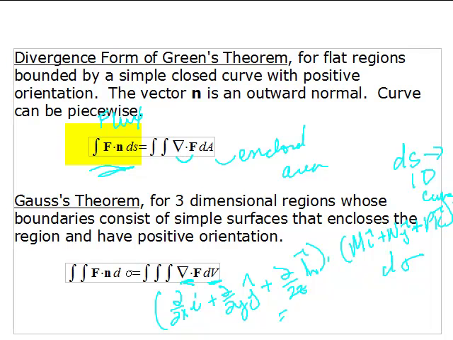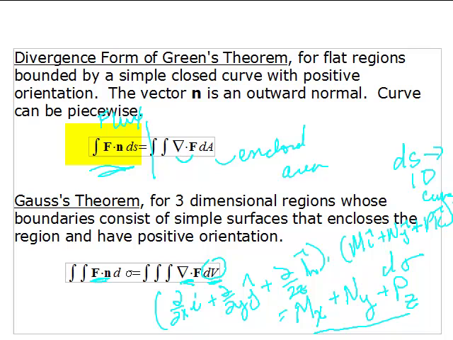So we'll have, again, a scalar, because it's a dot product: the derivative of m with respect to x plus the derivative of n with respect to y plus the derivative of p with respect to z. We find that derivative and we integrate that over the volume, and that's equivalent to taking the function, dotting it with the normal, and integrating over the surface.